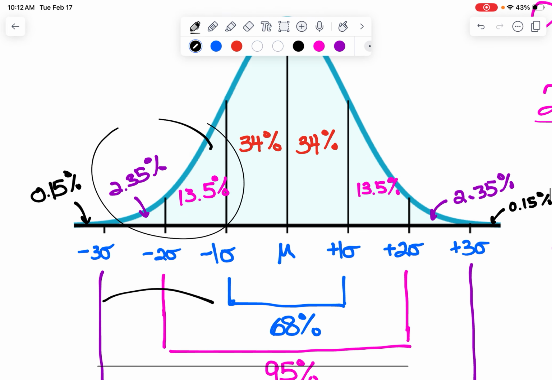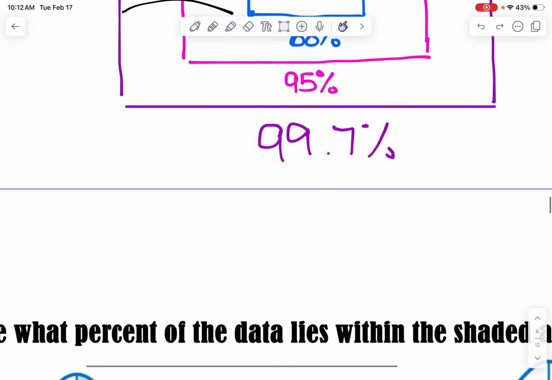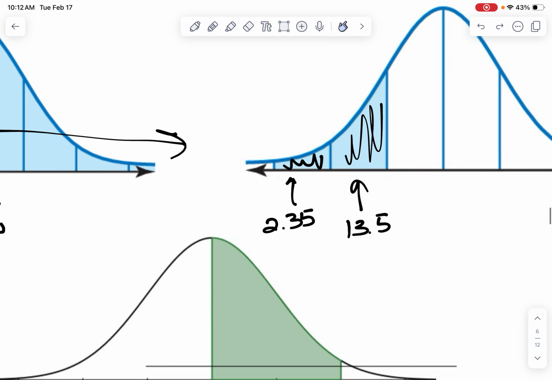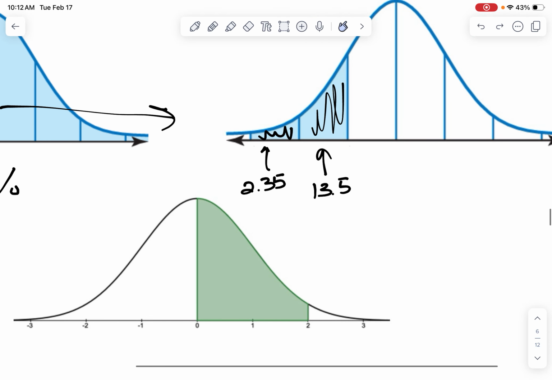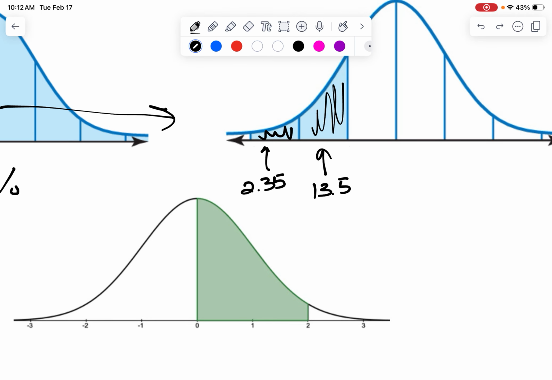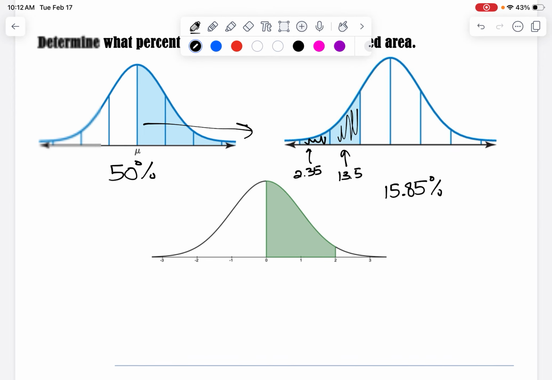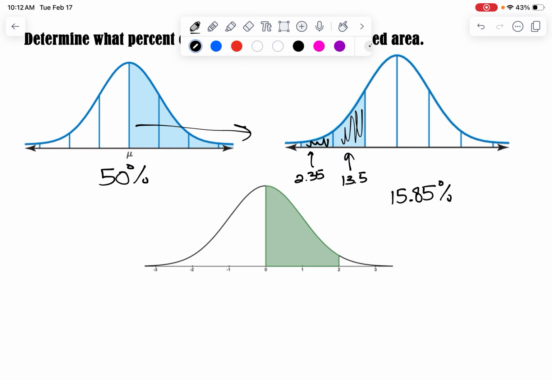Okay, so then we just need to add those two together. So if I add that together, I get 15.85. So that would be 15.85% of the data right there. Okay, so not too bad, right?